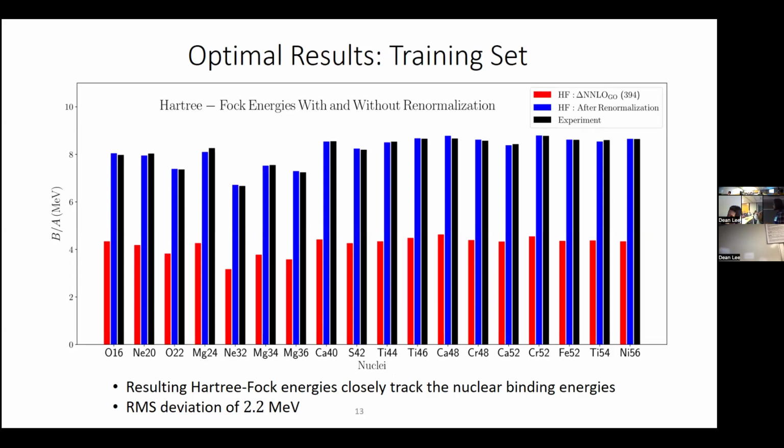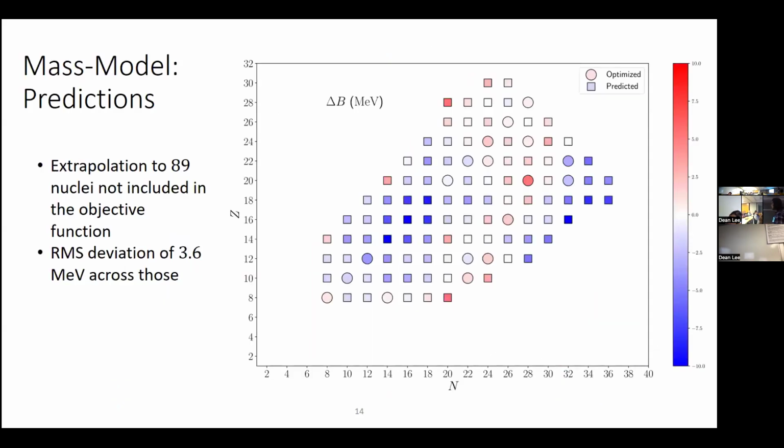Right. So the root mean square deviation on the set of learned nuclei is 2.2 MeV. And how does it generalize to nuclei outside the training set? Here we're looking at the results for that. We're looking at the nuclear charge restricted to 56 particle number, and the lightest one being oxygen-16.